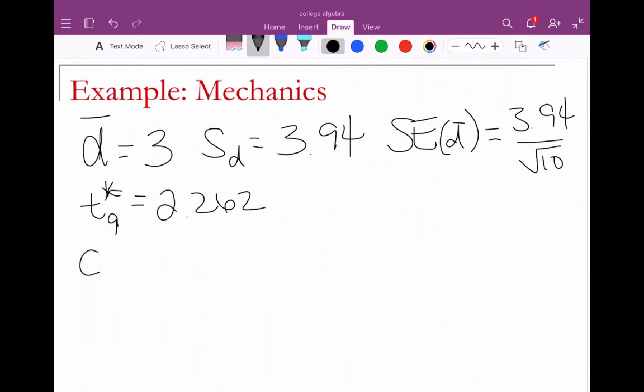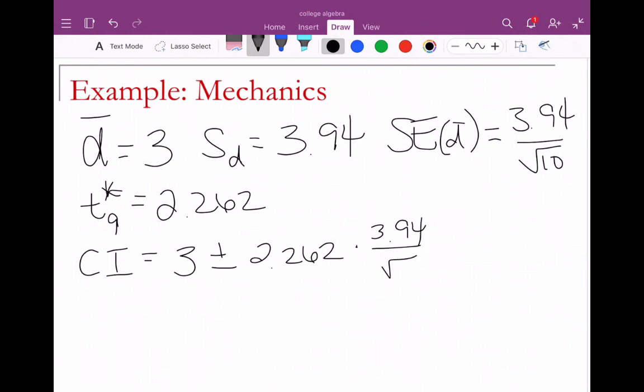So my confidence interval ends up equaling the mean difference of 3 plus or minus my critical value, 2.262, times my standard error, 3.94 divided by the square root of 10. This gives me an interval of 0.18 to 5.8.